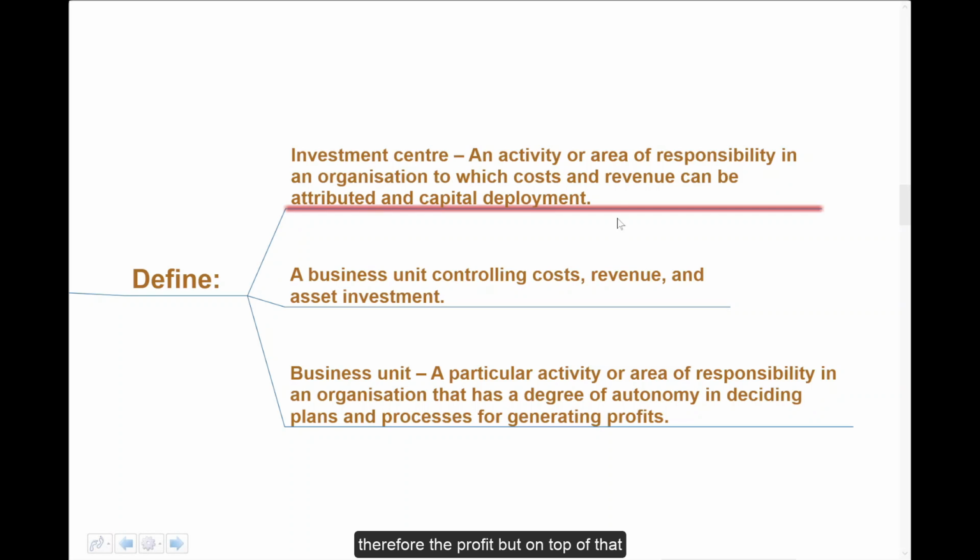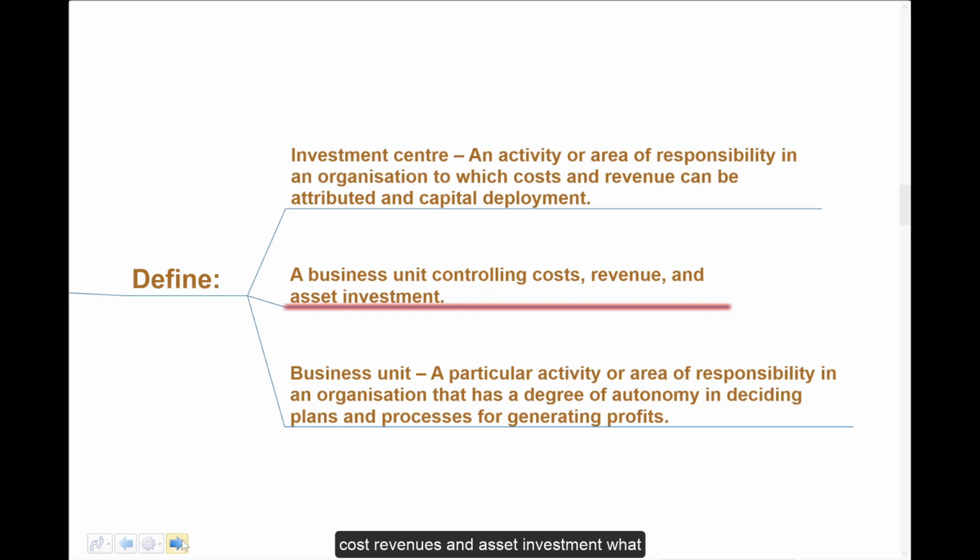But on top of that, for making capital decisions, let's invest in this truck, let's invest in this building, etc. And indeed, linked to that, because investment centers will generally be a business unit, in other words, a significant business unit. In essence, we're talking about all three: cost, revenues, and asset investment. What do we mean by business unit?